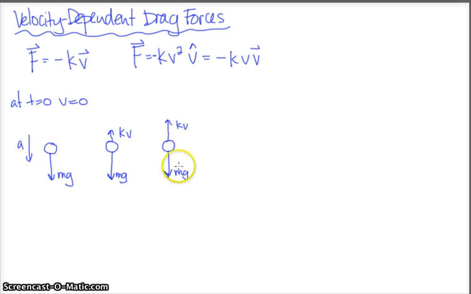If the mg vector is longer than the kv vector, then the acceleration is still positive. And finally, once the kv vector, the drag force, equals the gravity force, the object has reached what is called the terminal speed.